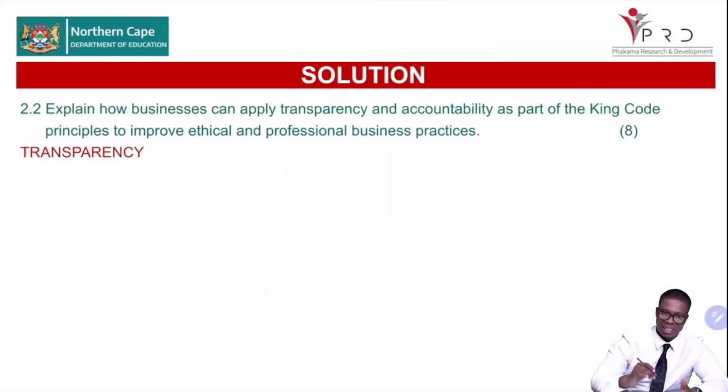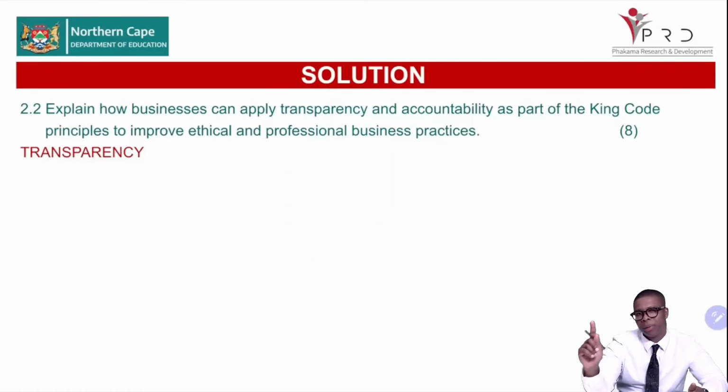So transparency as a King Code principle talks to the idea that a business, a company, has shareholders. Shareholders contribute capital. After they have contributed capital, shareholders are not the ones who run the business, but the business is operated on a daily basis by directors.